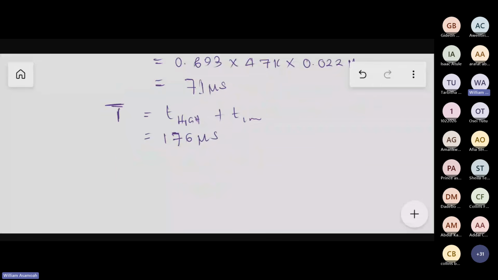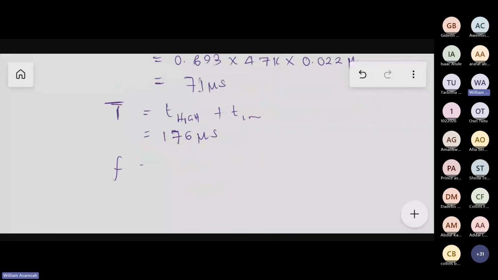So what will be the frequency? 1 over the total period. So 1 over that, in scientific notation, 5.68 kilohertz.